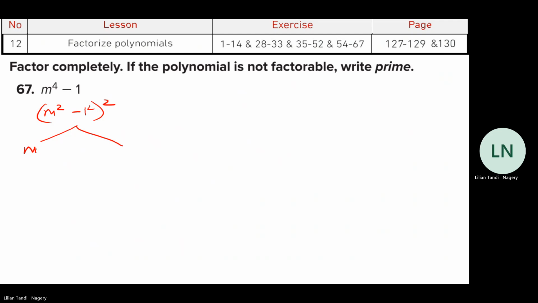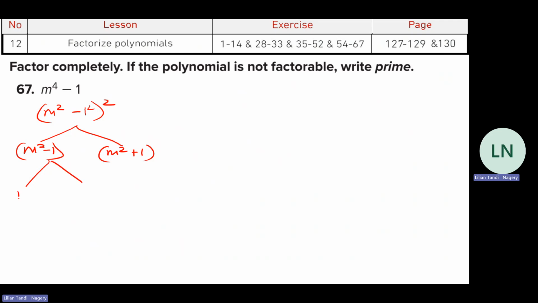Now, because this is a difference of squares, this becomes M squared minus 1, M squared plus 1. This is still a difference of squares.